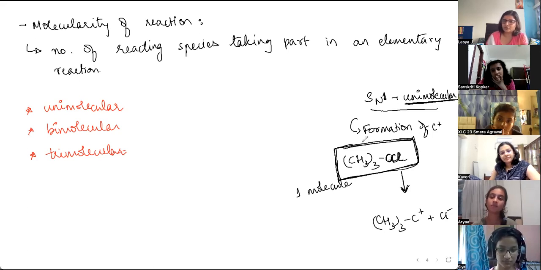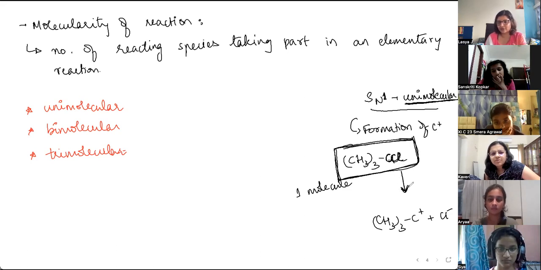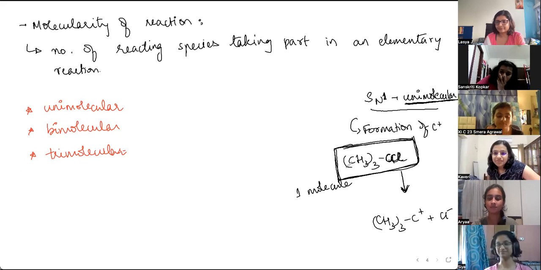So molecularity is 1 in this particular case. The rate determining step, the slowest step, once it crosses this hill and splits into a carbocation, the reaction will happen. This is dependent on one molecule, so we call it unimolecular.